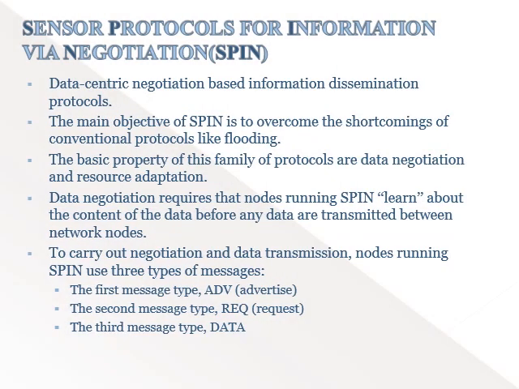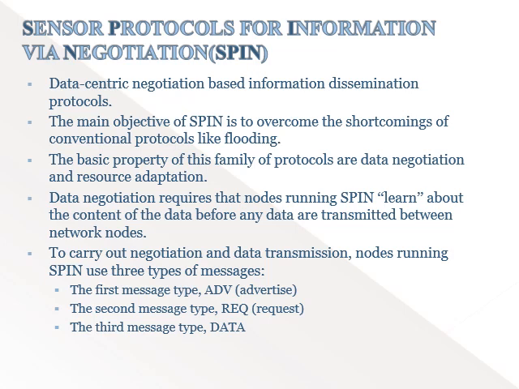The second protocol that falls under this category is Sensor Protocol for Information via Negotiation, or SPIN. It is also known as the Data-centric Negotiation Based Information Dissemination Protocol. The main objective of SPIN is to overcome the shortcomings of conventional protocols like flooding.